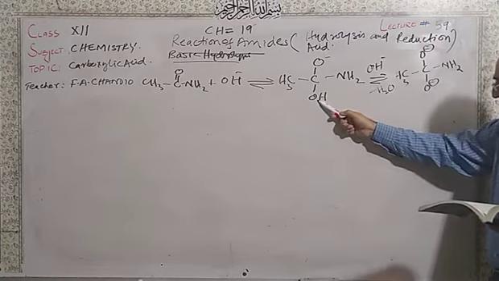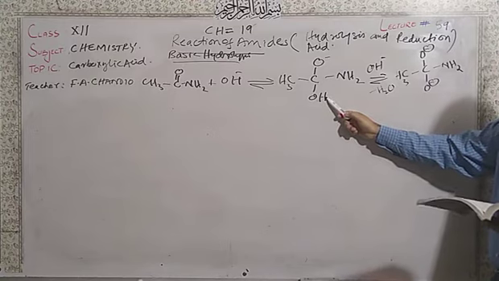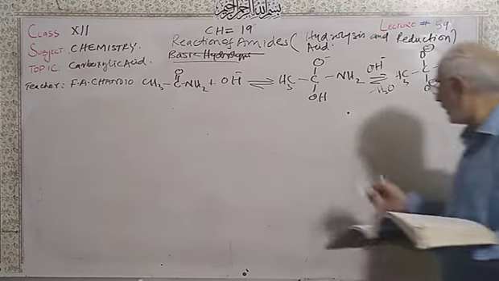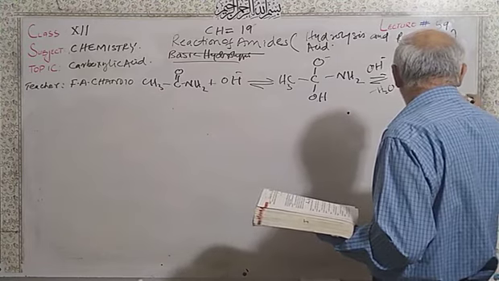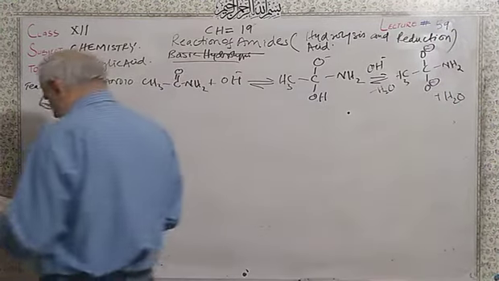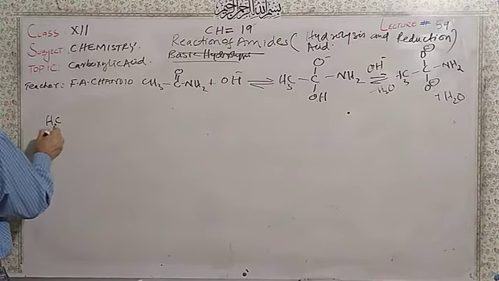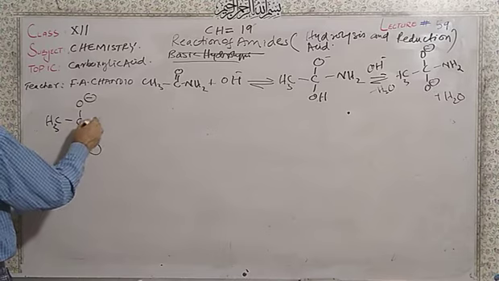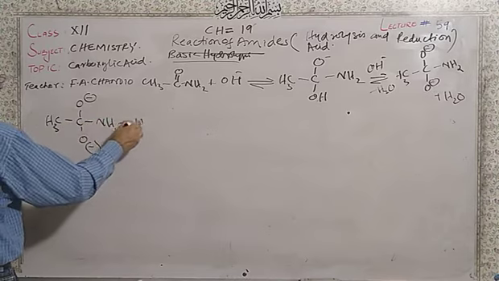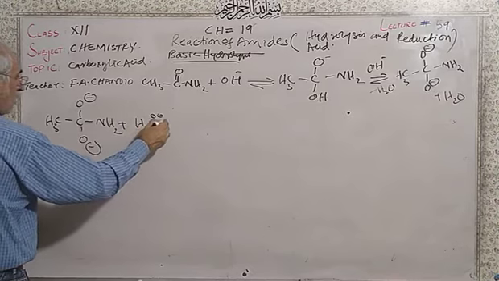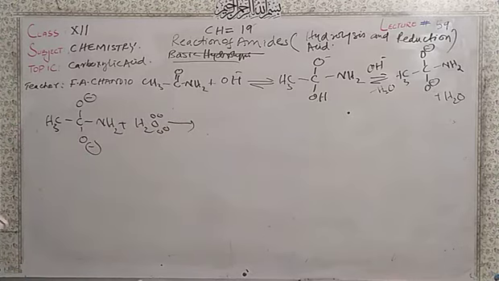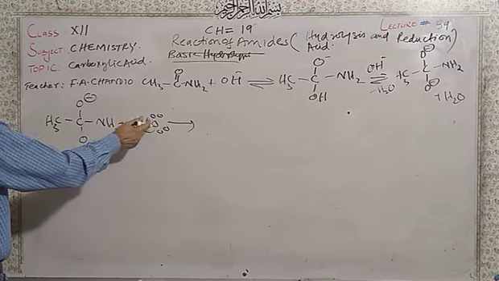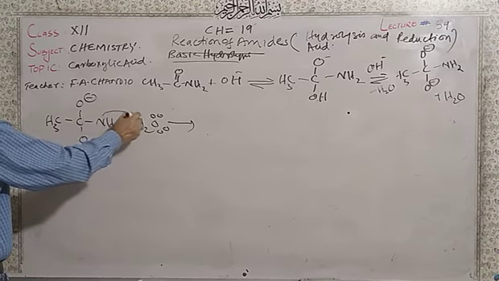There was a hydroxyl group, so this hydrogen is going to be removed, and the oxygen and amine make water. Water is formed here in the intermediate step. This water is here, and the hydrogen is provided from the water to the amine to make ammonia.